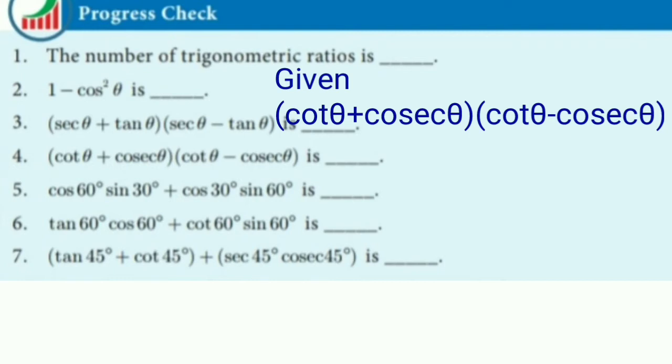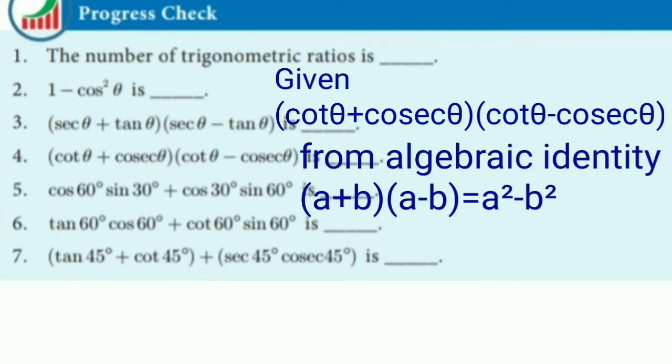Fourth bit, cot theta plus cosec theta into cot theta minus cosec theta. It looks like a plus b into a minus b. A is equal to cot theta, b is equal to cosec theta. From algebraic identity, a plus b into a minus b is equal to a square minus b square.